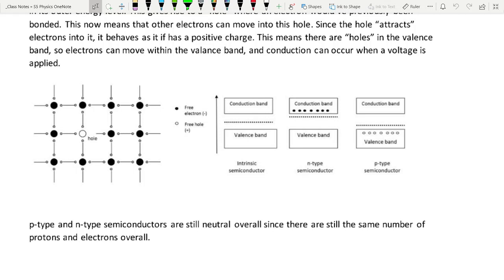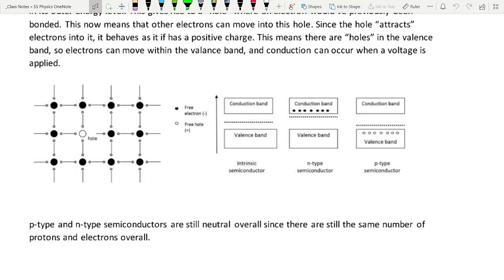So, this is our N-type, so we've got negative electrons in the conduction band. Our P-type, these are holes. Okay, so we've got these holes within the valence band. And if an electron moves here, it leaves the hole behind. But I think that hole moves in the opposite direction of the electron.